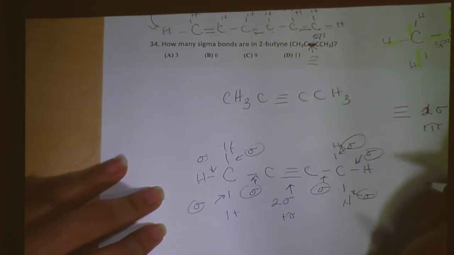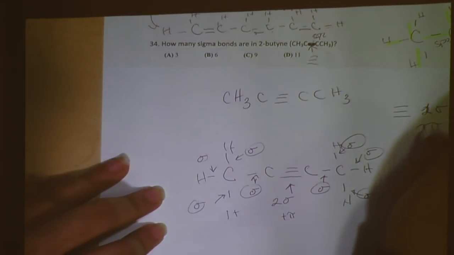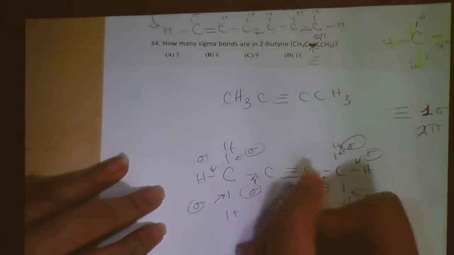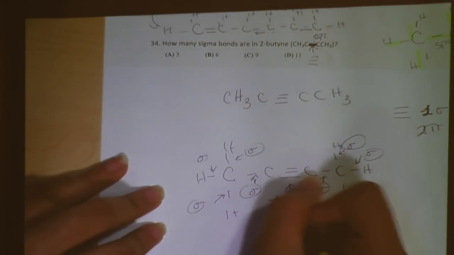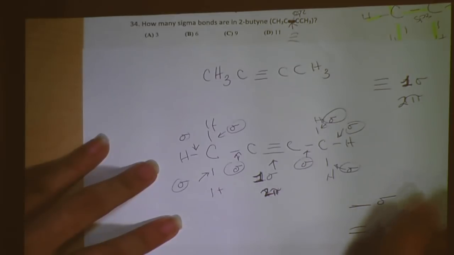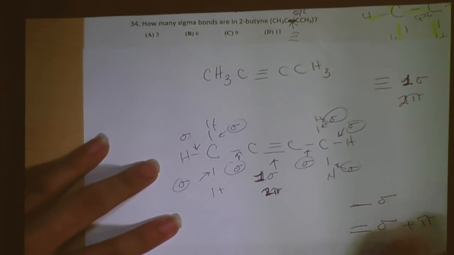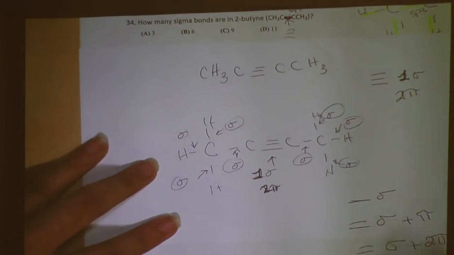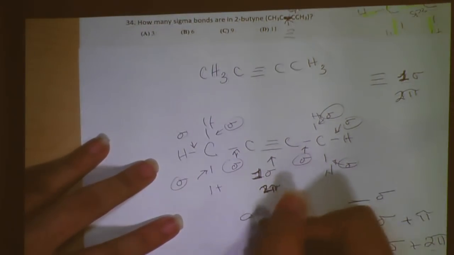Okay, I messed up. It's 1 sigma and 2 pi. And the double bond, excuse me. So a single bond is 1 sigma. A double bond is 1 sigma and 1 pi. A triple bond is 1 sigma and 2 pi. So you always add in the pi, not the sigma. So now I have 9 sigmas, which is going to be C.